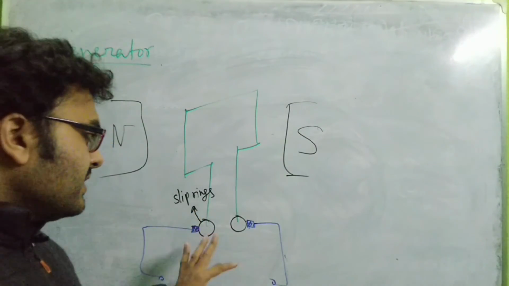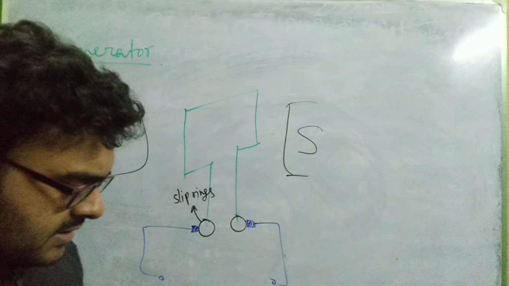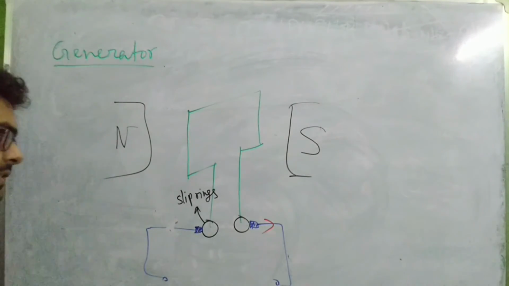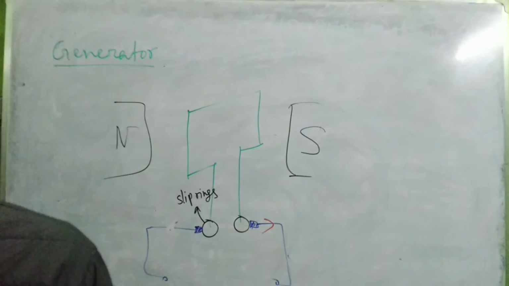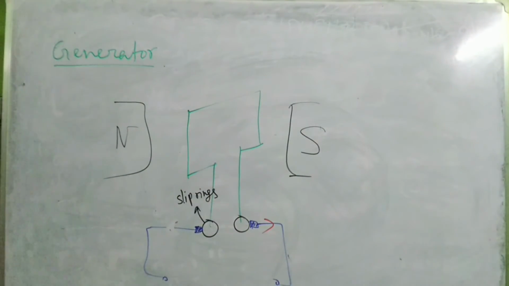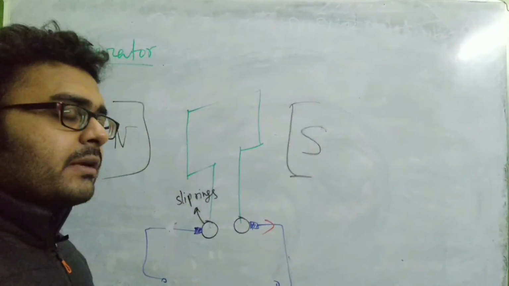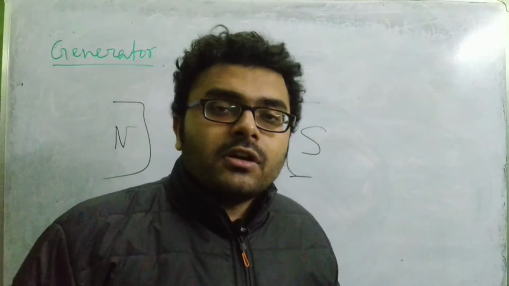So the current reverses its polarity again and again. This reversal of polarity causes the current to flow in alternate directions within a very little span of time, and this type of current is called alternating current.